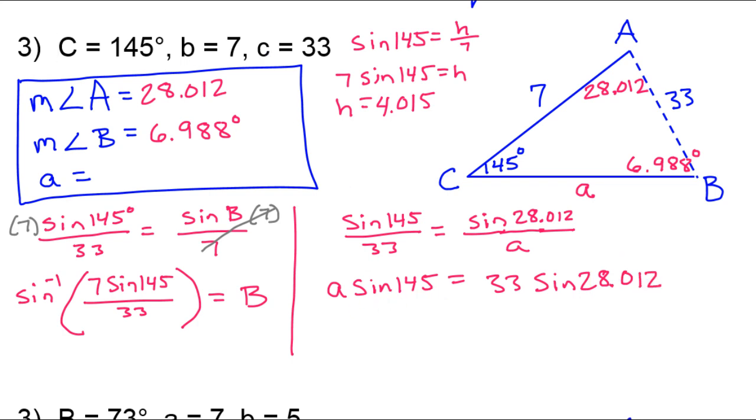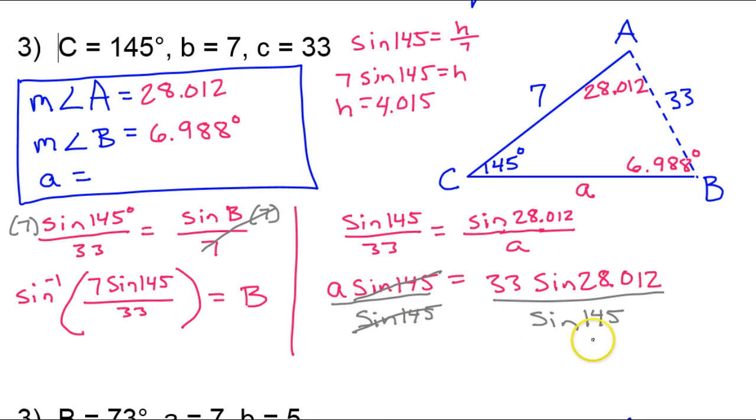Dividing both sides by the sine of 145 gets A by itself. So these will cancel each other out, and this will give me A. So I can just put all this in my calculator.